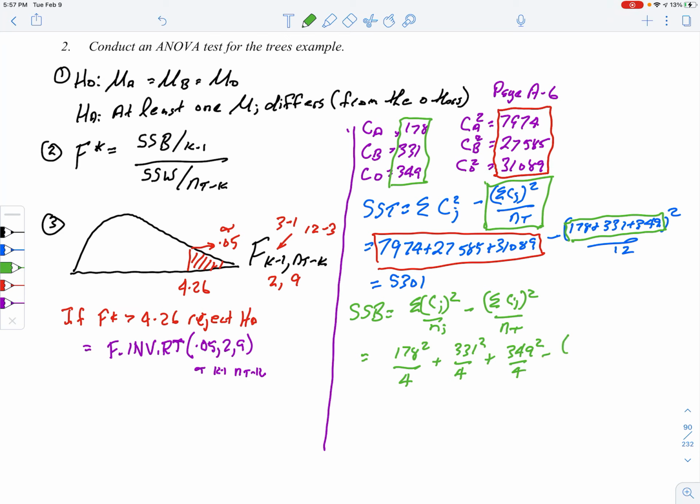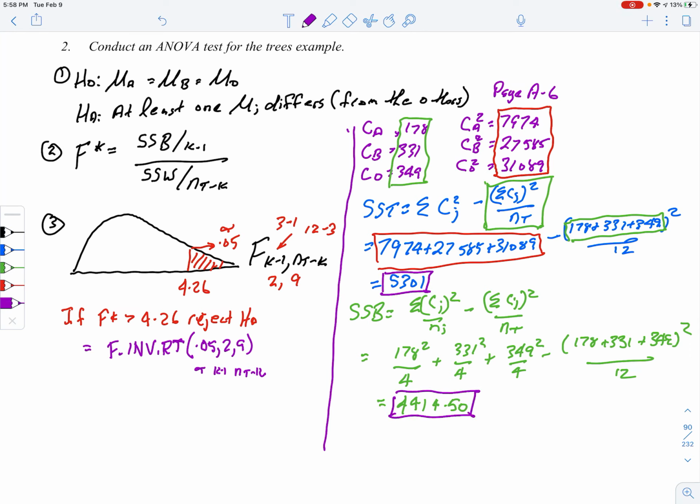And then the same last term: 178 plus 331 plus 349, all squared over 12. And that gives us 4414.5.